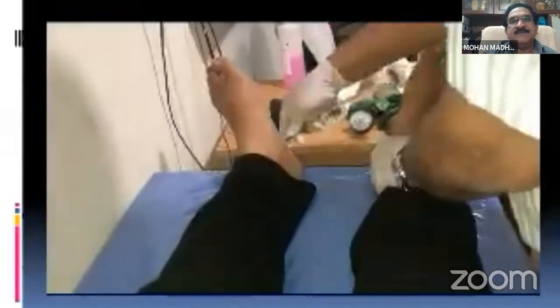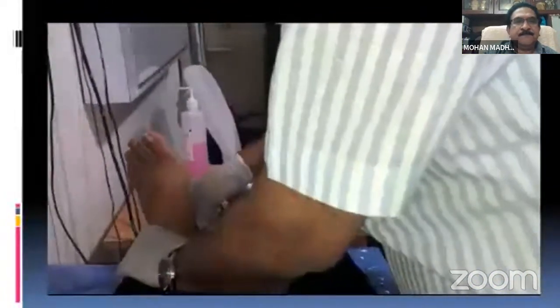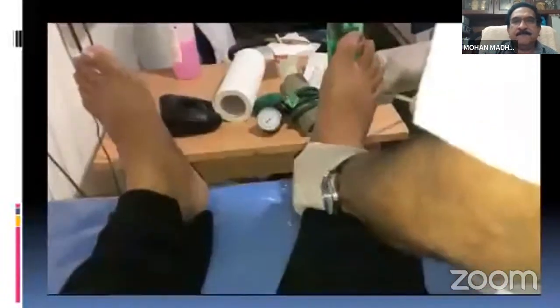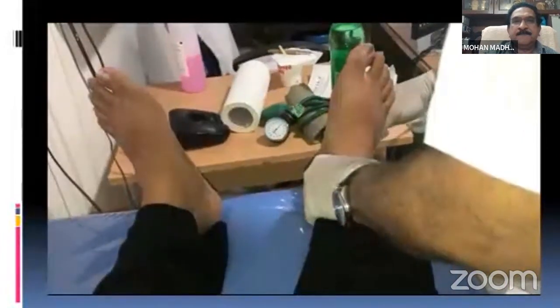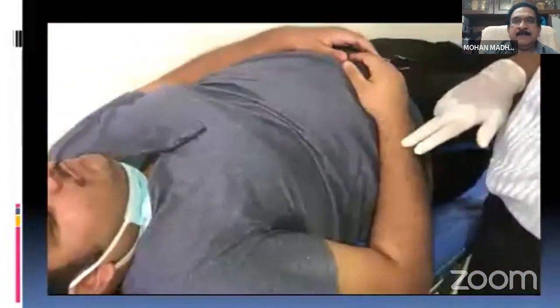The reflex was intact. Reflexes are all 1 plus. When the plantar was downgoing on the left side, it was upgoing. The sensation is normal throughout.